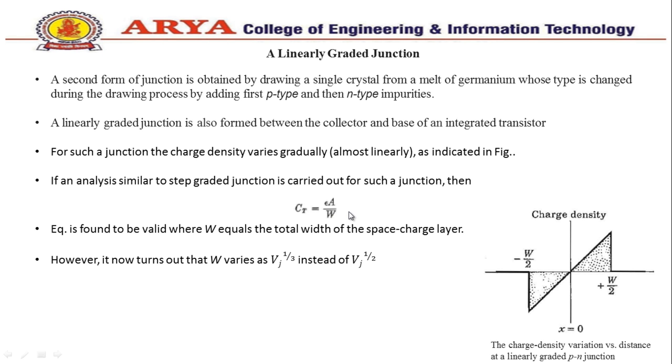In the step graded junction, we have seen that W varies as the square root of Vj, but for a linearly graded junction, W varies as Vj to the power of 1/3. So for a linearly graded junction, the width is proportional to Vj power 1/3.